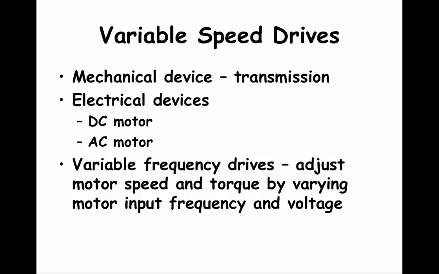Both direct current motors and alternating current motors can be connected to devices to vary the motor shaft speed. The last type of device that I want to mention here is variable frequency drives. They adjust motor speed and torque by varying the frequency and voltage of the electricity supplied to the motor. The main point is that there are mechanical and electrical devices that can be used to vary the speed and torque of a shaft.